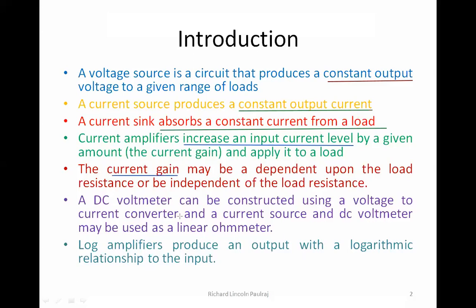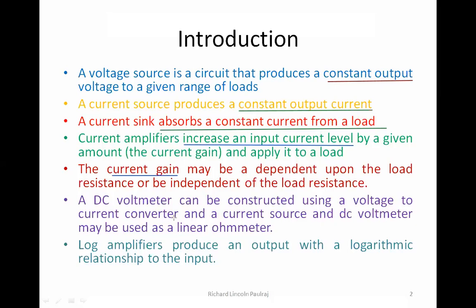A DC voltmeter, I think all of you have used it, right, in the form of a multimeter, wherein you can measure currents, you can measure voltages, you can check for the continuity in a circuit by using the beep, right? So a DC voltmeter can be constructed using a voltage to current converter, and a current source and DC voltmeter may be used as a linear ohmmeter.